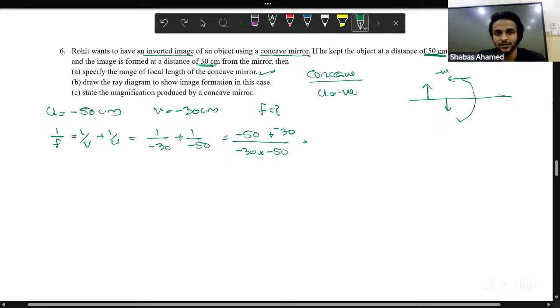That means you get minus 50 minus 30, that is minus 80, divided by minus 30 into 50. So this minus and minus will be plus. 3 into 5, that is 15 into 2 zeros will be there. So this is 1 by F. So F will be equal to 150 upon 8. Understood, guys?